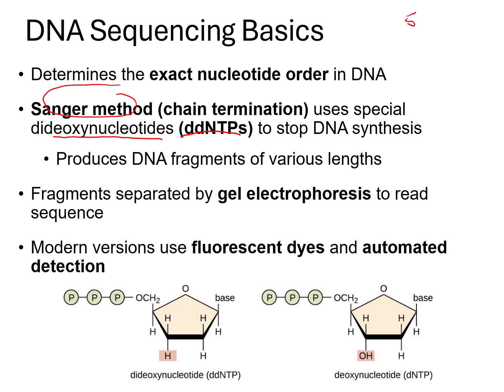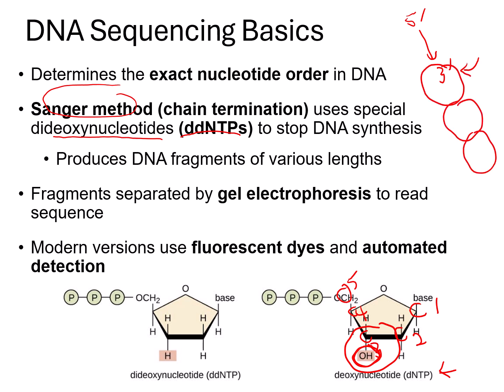Remember that DNA can only grow from the 5' to 3' direction because we need, here's the normal nucleotide, these carbons were, remember they were numbered. This was carbon 1, that was 1', 2, 3, 4, and 5. The 3' end with that hydroxyl group is needed for the next nucleotide to come and bind to extend the nucleotide.